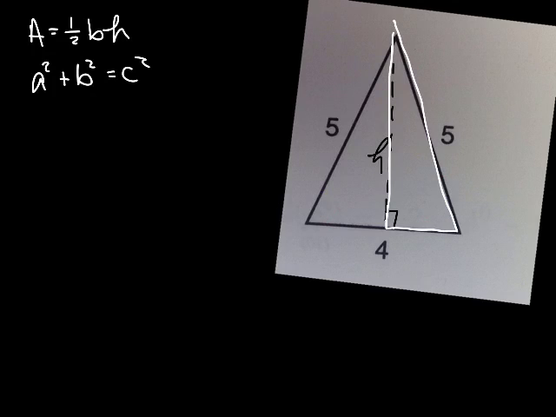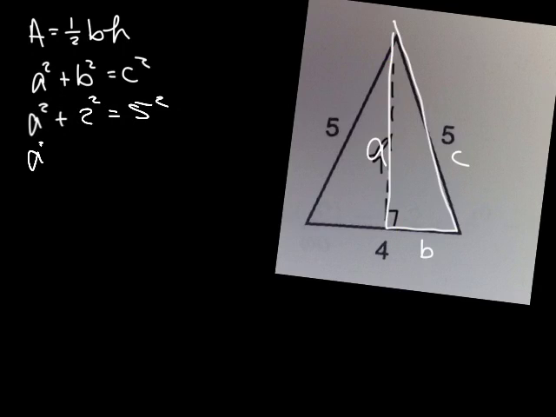And that says that the height, which we're going to call A, this right here, let's call it A instead of H. And we'll call this B, and this will be our C. Alright, so we don't know the height, that's what we're looking for. But we do know this length from here to here, because it's going to be half this 4. So that's going to be 2 squared, and my hypotenuse is 5 squared.